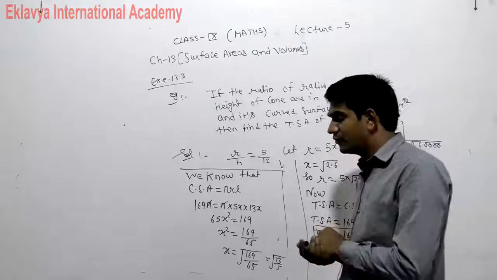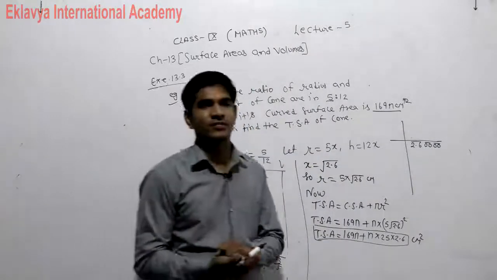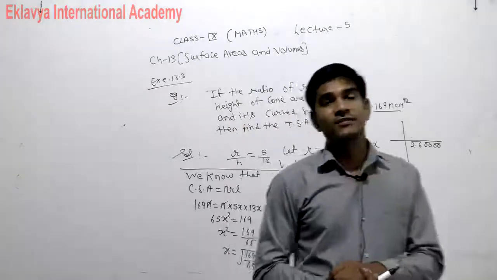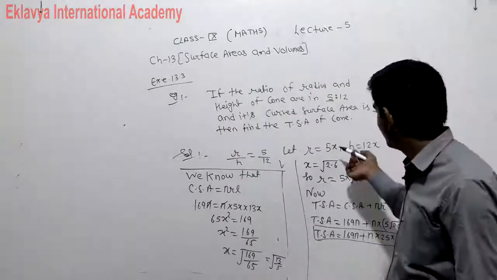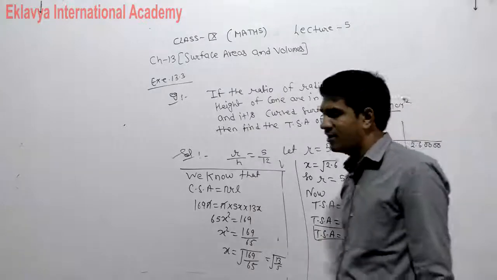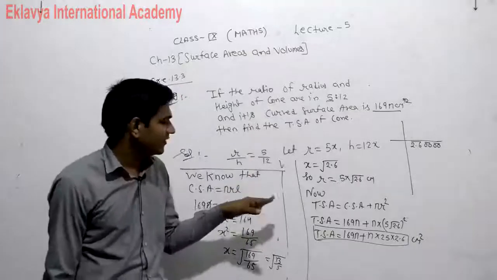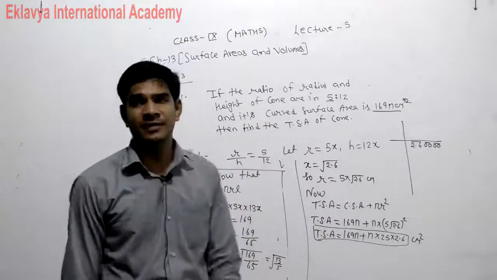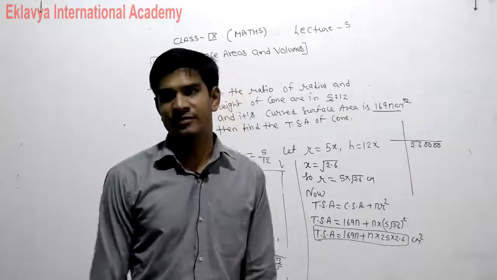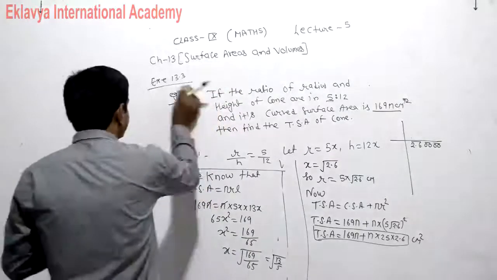So using the formula of curved surface area, CSA of cone is pi r l, we find the value of constant x. After that, we find its TSA using the formula: total surface area is equal to curved surface area plus pi r square. Understand? Now see the next type of questions.